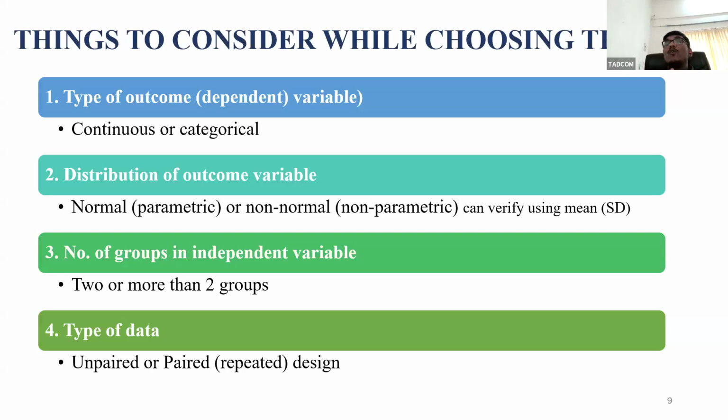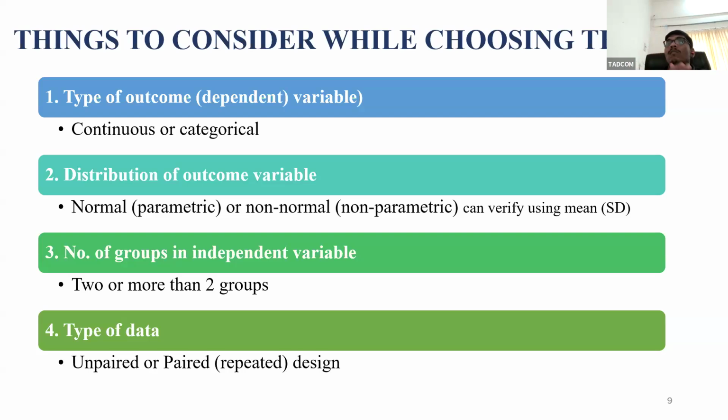Third point, how many groups are there in the independent variable? The exposure, right? Whether we have only 2 groups or more than 2 groups. Say for example, if you want to test between obesity and cholesterol values, where cholesterol is the outcome variable, measured on a continuous scale.